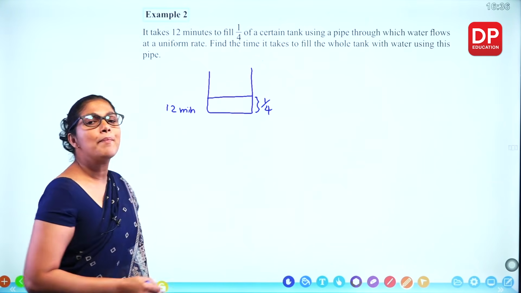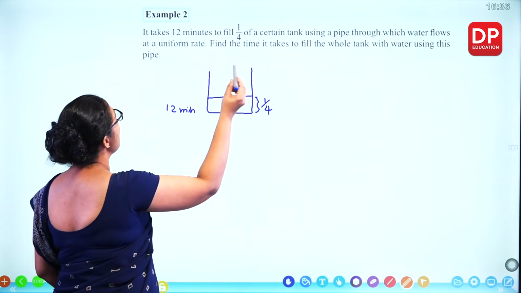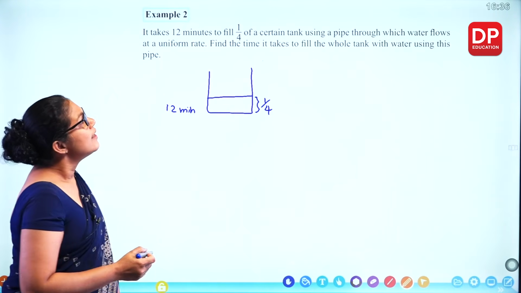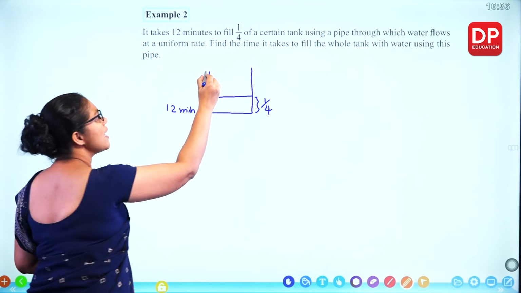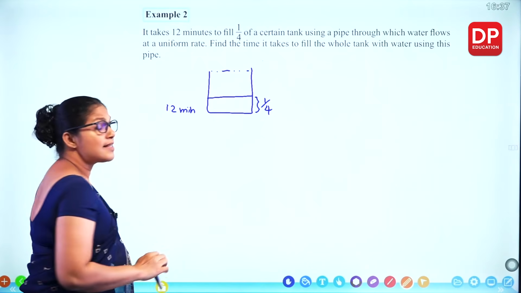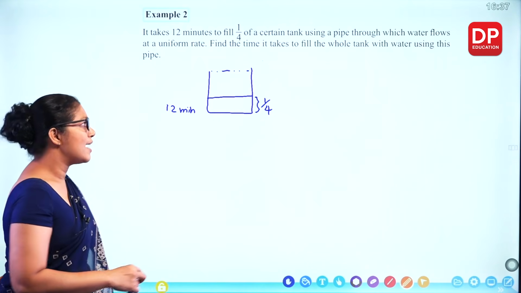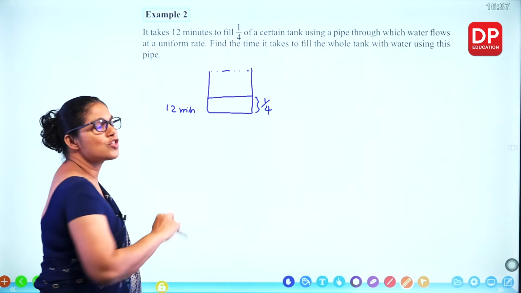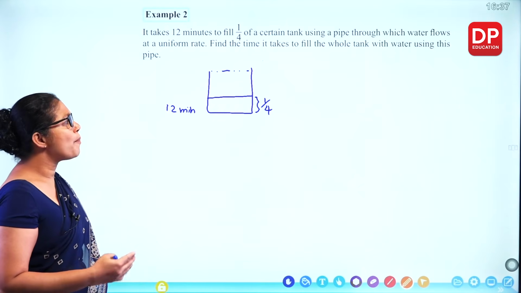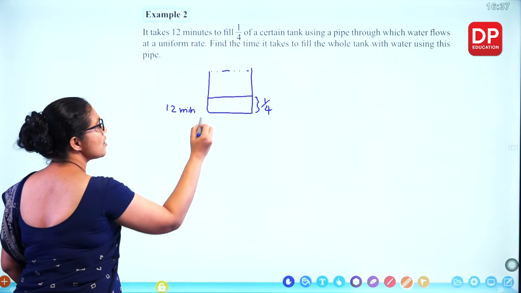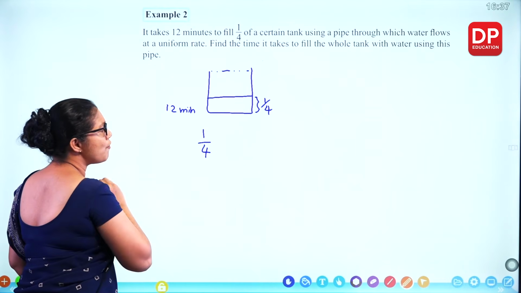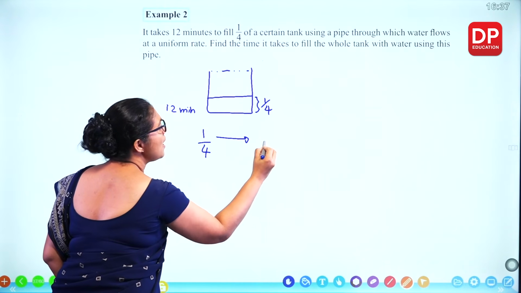So same pipe means you can use the same rate. Here 1/4. If you take the full tank, altogether 4 parts are there. So 1 part is this much. You need to find out 4 parts. So you can do the question like this. 1/4 represents 12 minutes.